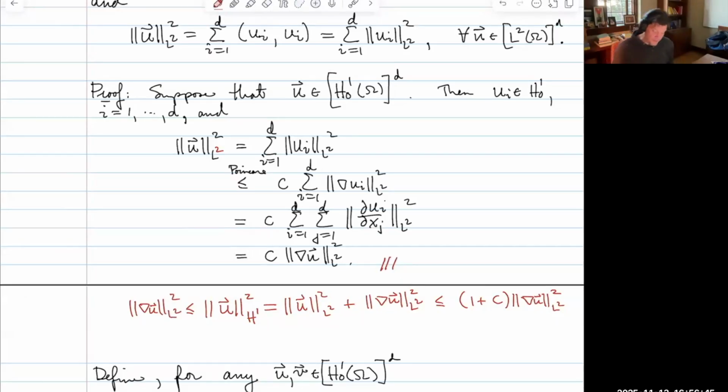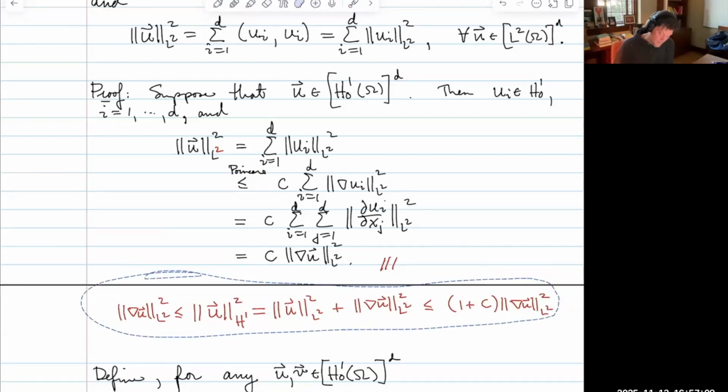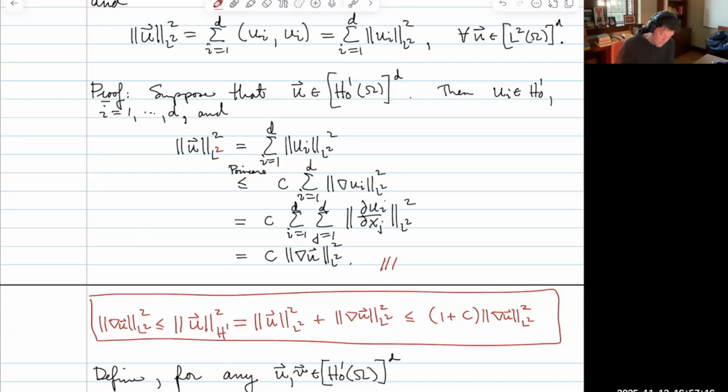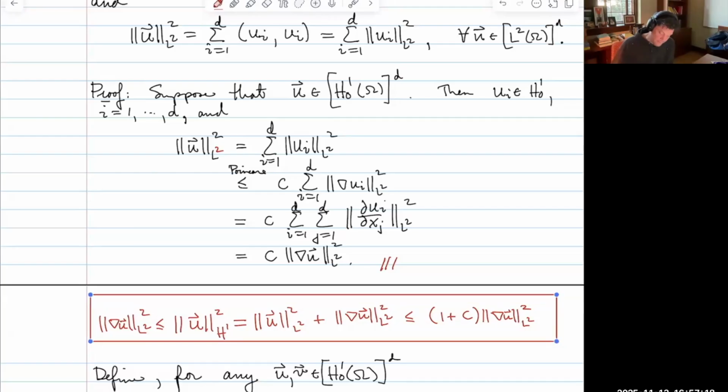Okay, so this shows that this object and this object are equivalent. So this gives us a bona fide norm on that space, if you believe that this is how you would define the norm ordinarily, and it isn't so hard to show that that's the case. All right, so because of the importance of this, we probably should have made that into a separate theorem, but as long as we have it to refer to, that's good enough.